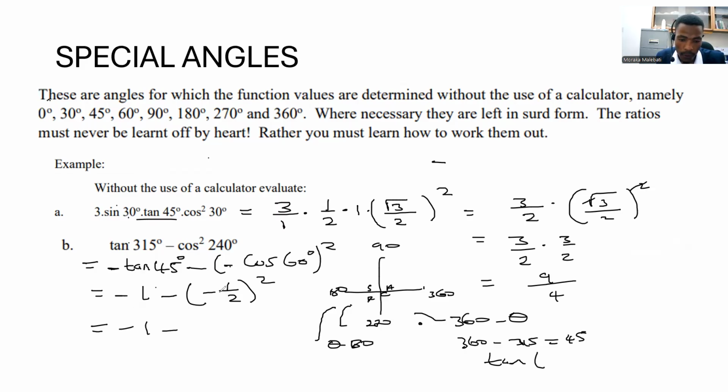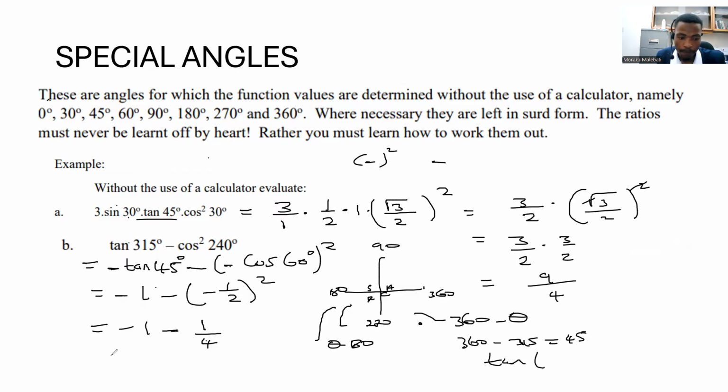But now this one, 1 squared is 1, and then 2 squared is just 4. Remember, if you put a negative and then you square it, it will just be positive. That's why we still have 1 over 4.